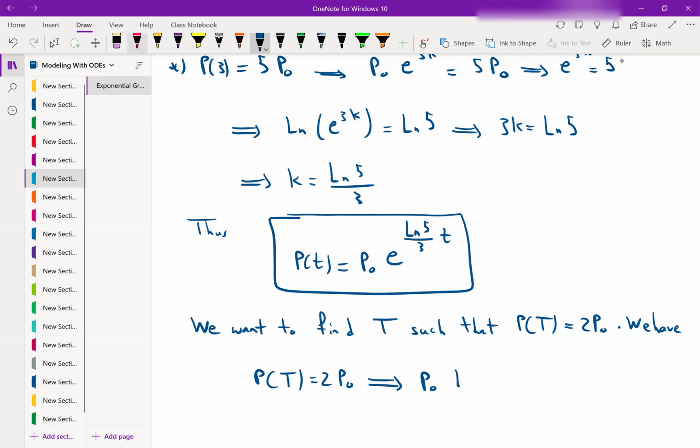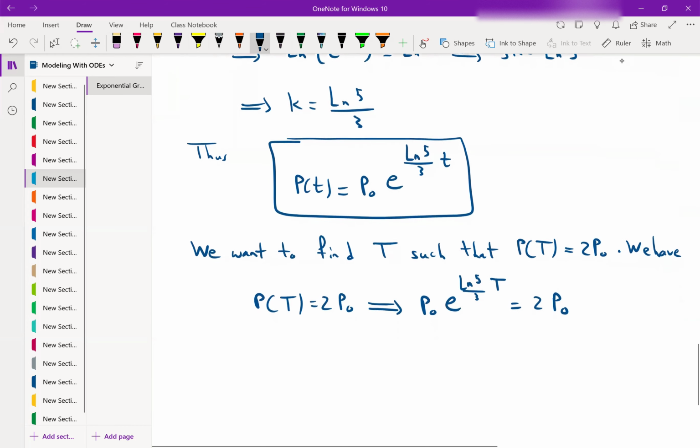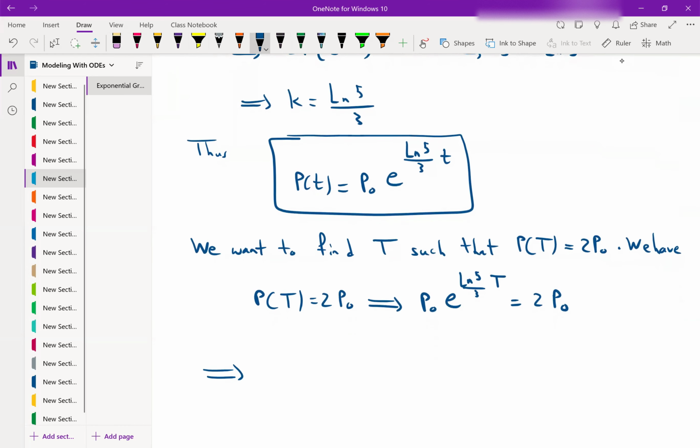P naught e to the power of ln 5 over 3 times big T. I want this to be equal to 2 P naught. So what does that mean? I can divide both sides by P naught. That tells me that e to the power of ln 5 over 3 times T is equal to 2.